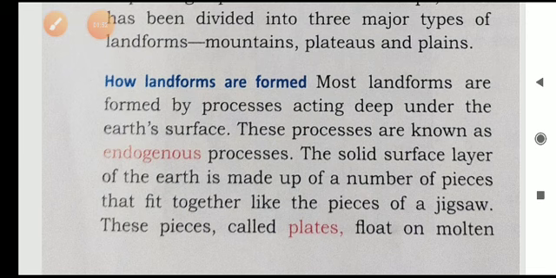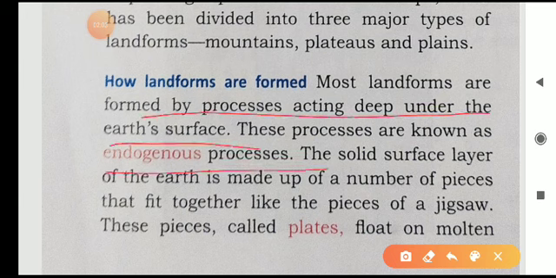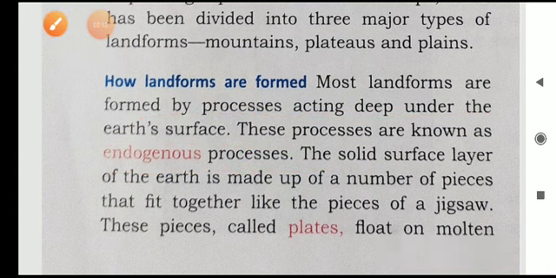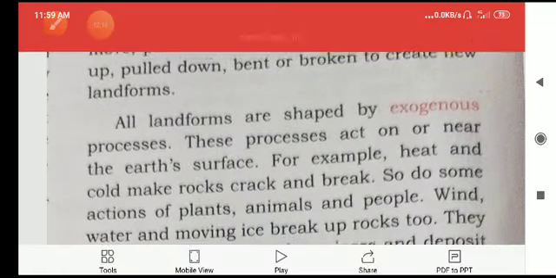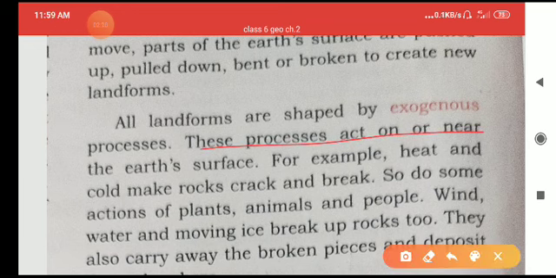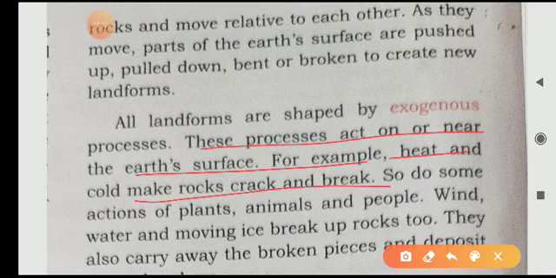They are endogenous and exogenous processes. The processes that happen under the earth's surface are known as endogenous processes. Examples: movement of plates, lava, etc. The processes that happen outside the earth's surface are called exogenous processes. Example: change of rocks due to heat and cold. These are the two kinds of processes by which landforms are formed.